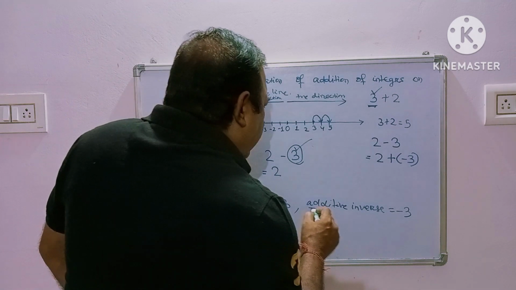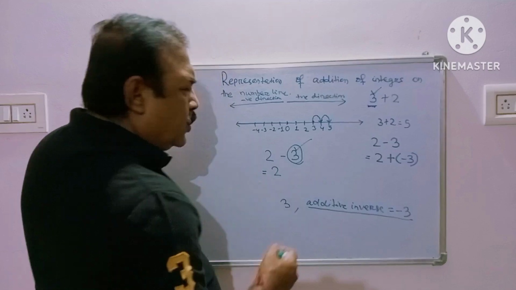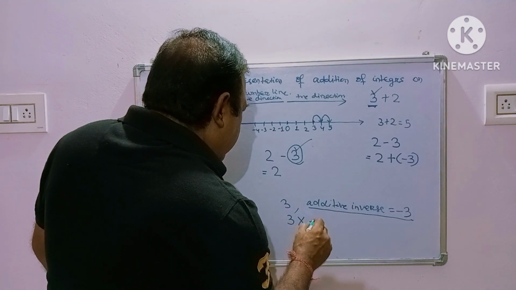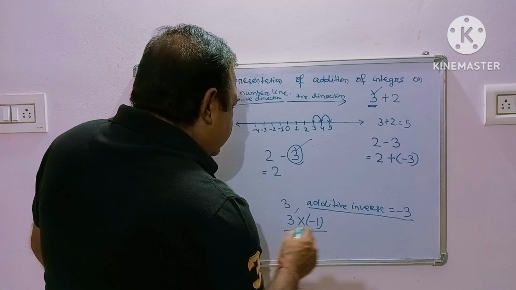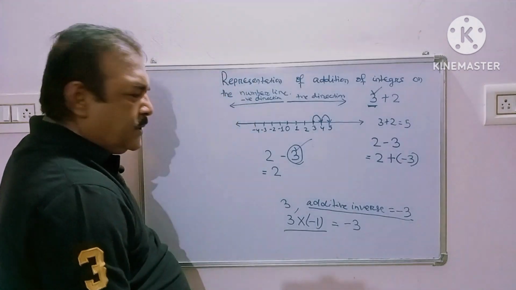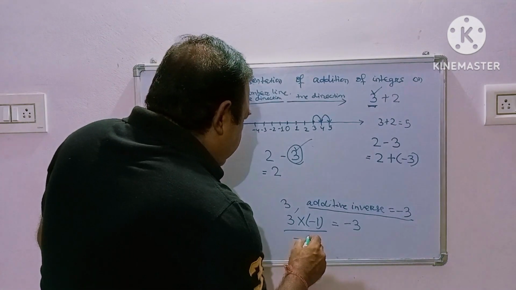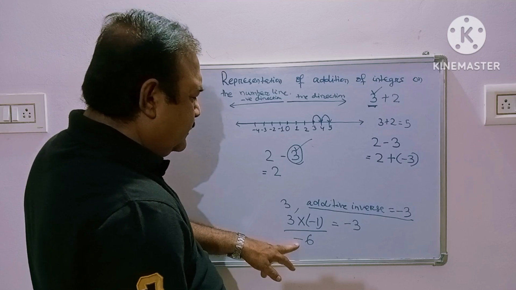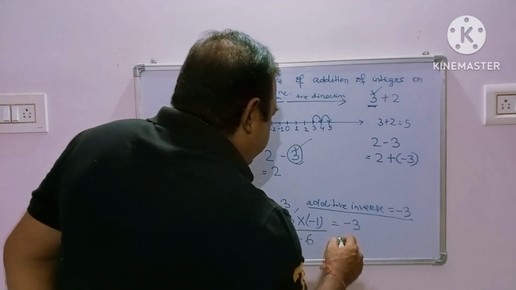So how will you get the additive inverse? Don't worry. Multiply the number with minus 1. The product will give you the additive inverse, minus 3. Suppose the additive inverse of minus 6 has been asked. Don't worry.